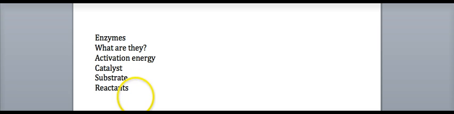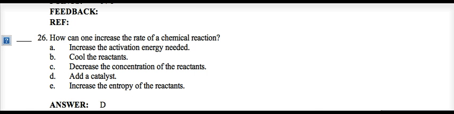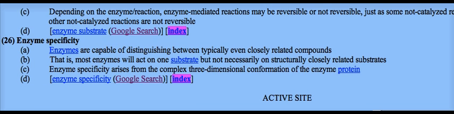Substrate, reactants, and variables that affect the enzymes, so temperature, etc. So you might want to pause right there and get down the big things you have to know about enzymes.